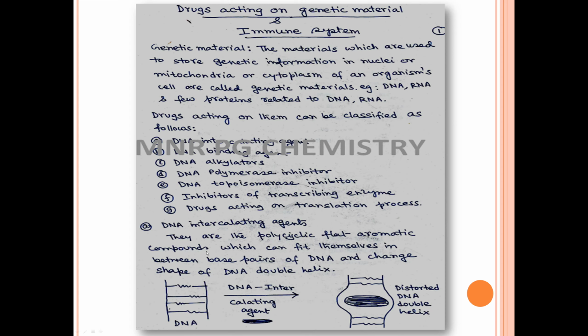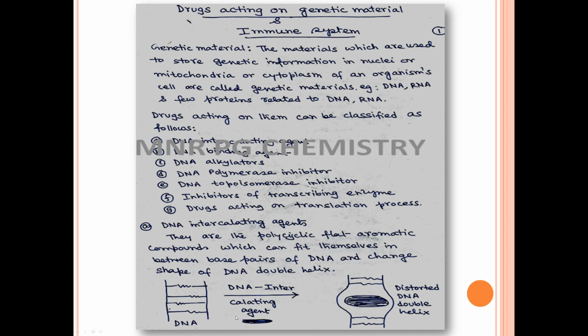So they have flat geometry, and because of this planar structure, they can go inside the gaps between the base pairs of ATGC, which are held together by hydrogen bonding. So in between there are gaps. In those gaps, these DNA intercalating agents go and change the shape of the DNA double helix in that locality. Those are called the DNA intercalating agents.